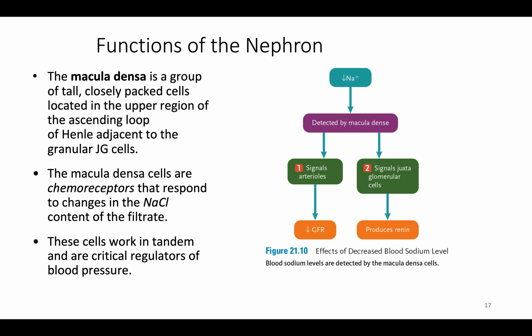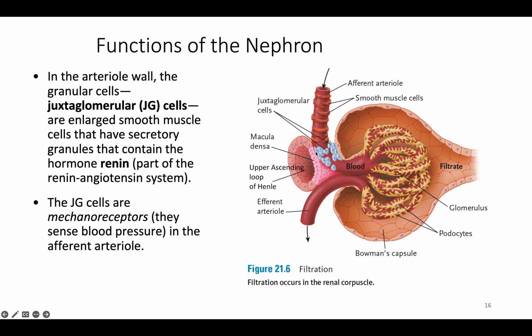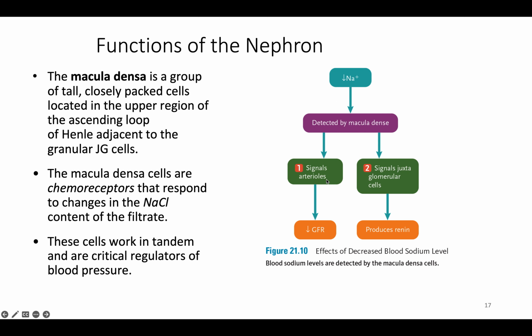Okay, we also have a region called the macula densa. These are going to be tall, closely packed cells. They're shown in pink here. They're going to be sitting just next to the juxtaglomerular cells. Okay, so just adjacent to the granular juxtaglomerular cells. And these guys have specialty receptors that are called chemoreceptors.